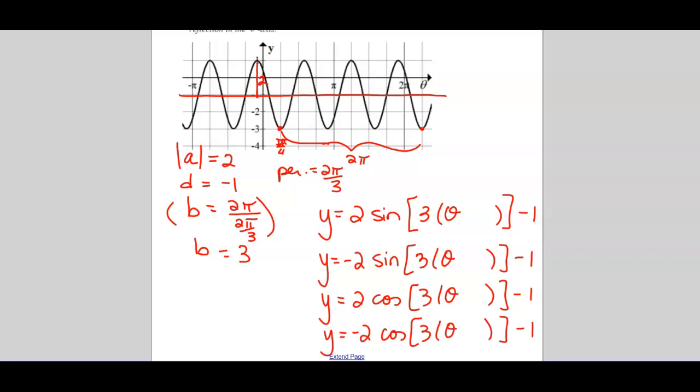So a positive sine and negative sine. A positive cos and negative cos. Now I'm going to go through and get the C values.